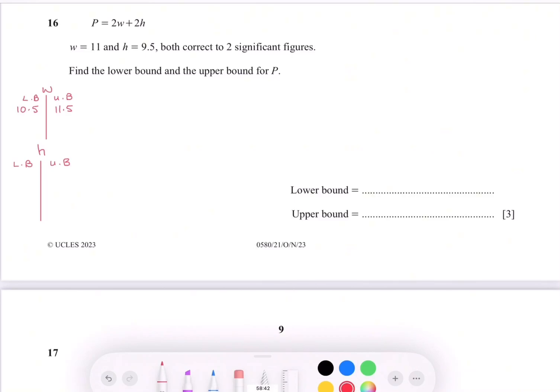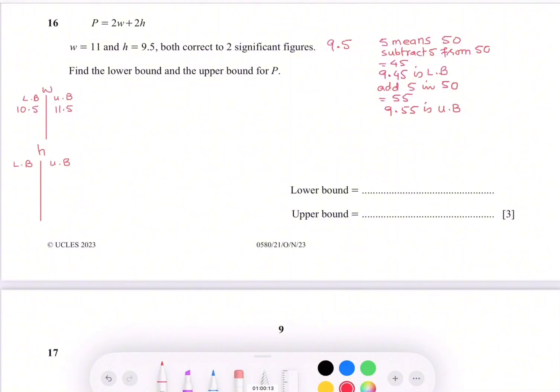So the lower bound of height is 9.45. And if you add 5 to 50, you get 9.55, which would be your upper bound. So write it here.